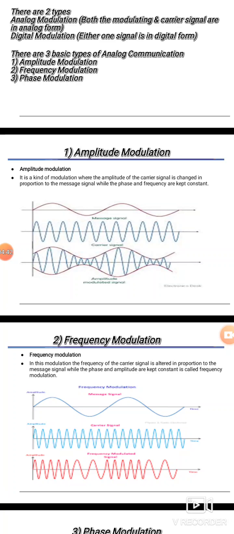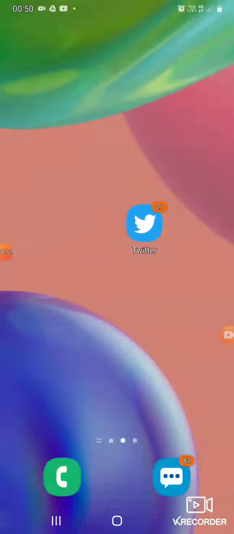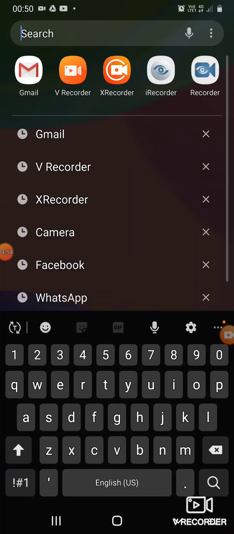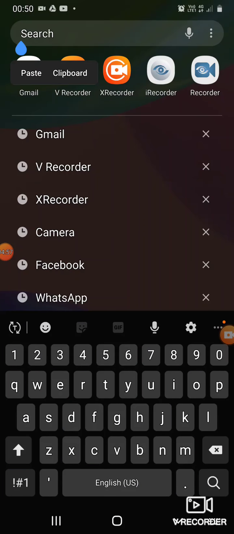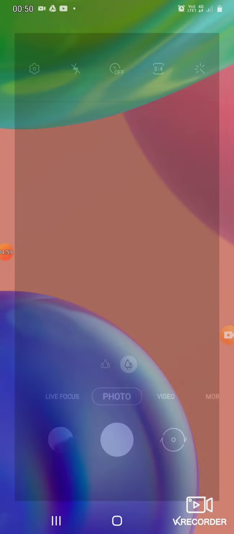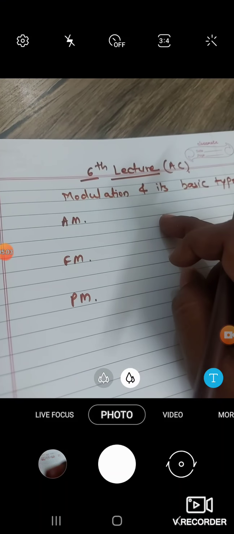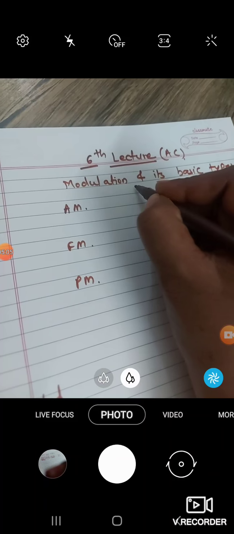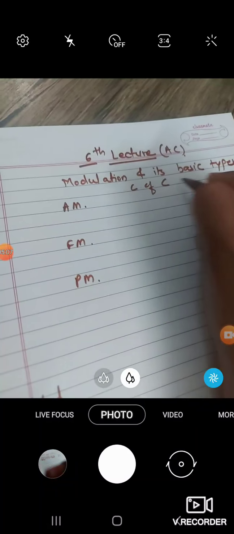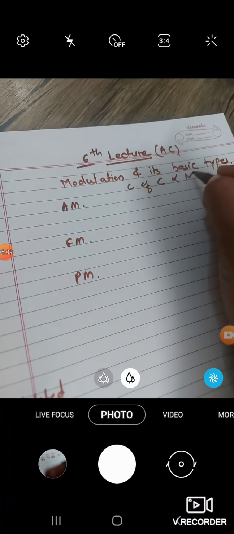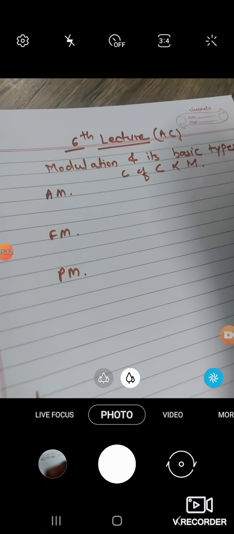So these are the three basic types of analog modulation methods. What is the basic concept of these three modulation methods, that we will see now. Whatever the type of modulation method, the basic concept is that the characteristics of the carrier signal change in proportion with the modulating signal.